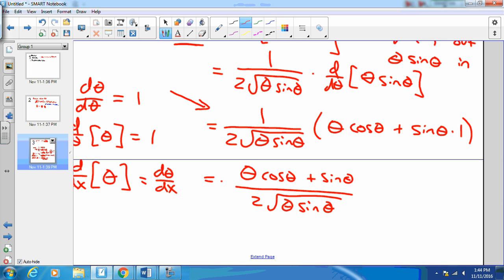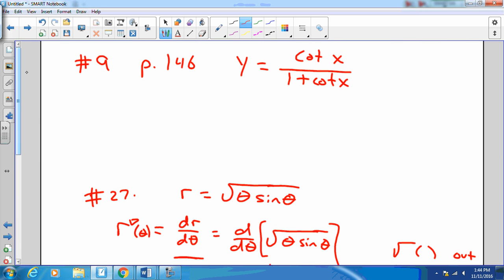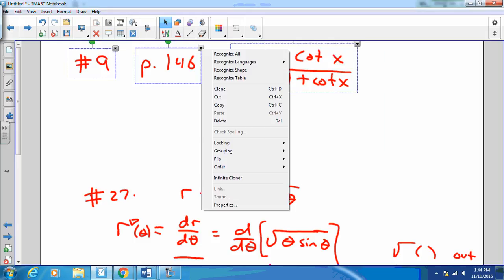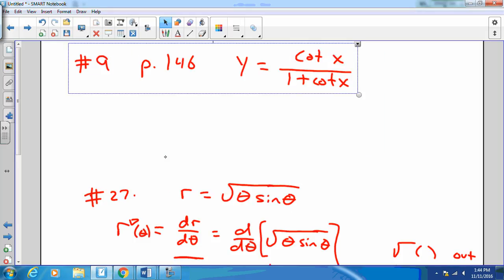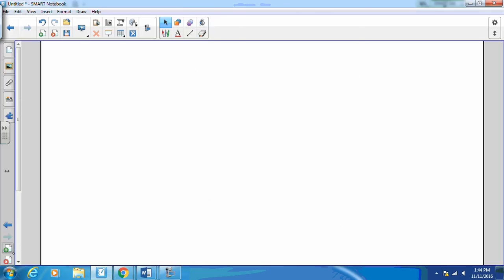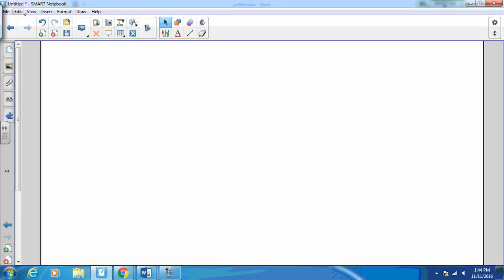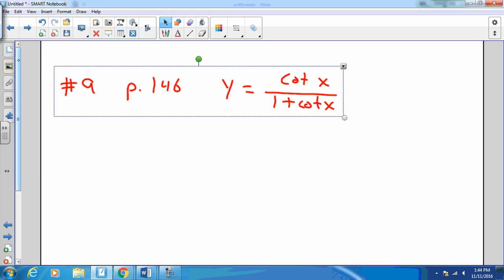Speaking of, let's take a look now at number 9 from page 146. This guy right here. And I think we're going to need more room, so let me group this and we'll send it to another page. There.